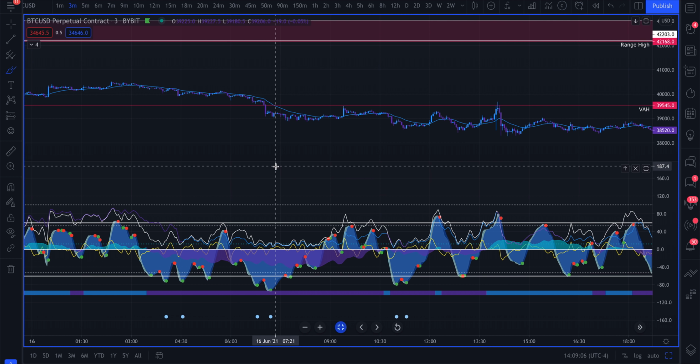Then you enter your position when we get rejected, and you put your stop loss above the last swing high. For this, I would say our last notable high was right up here.